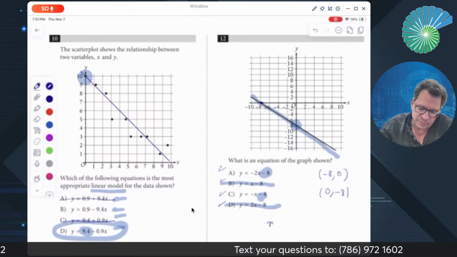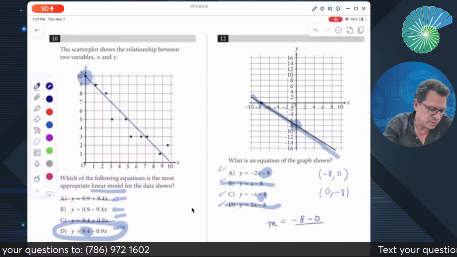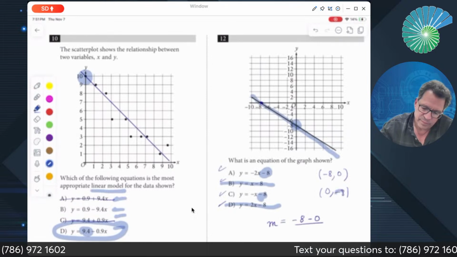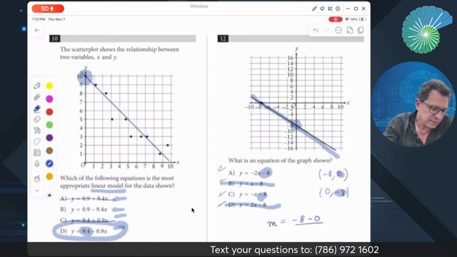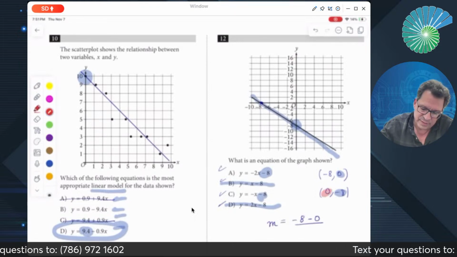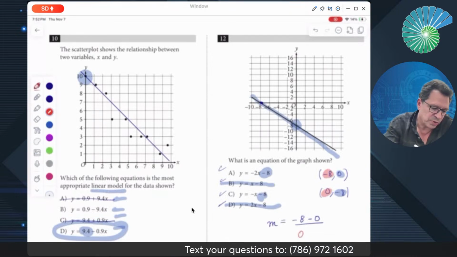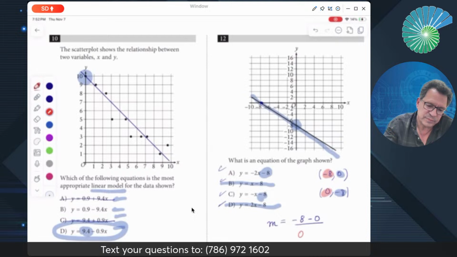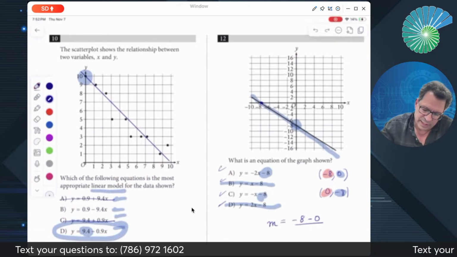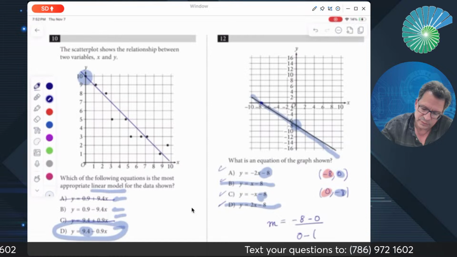And if I find the slope, then I would say y minus y, using this y minus this y, divided by x minus x.